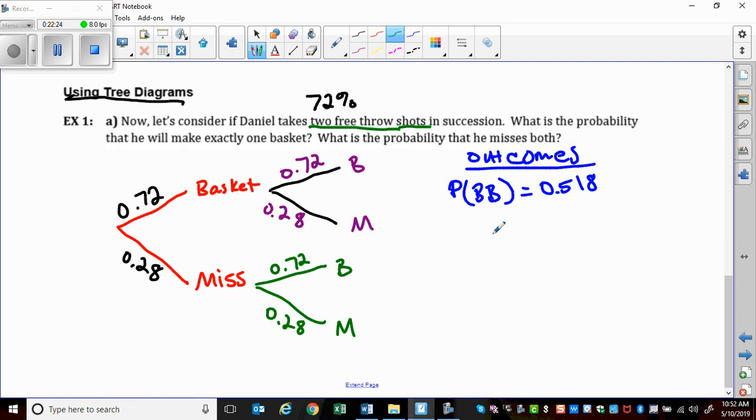What is the probability that he makes a basket but then misses? This is 0.202, 20% likely. The probability also that he misses and then makes a basket should be the same.